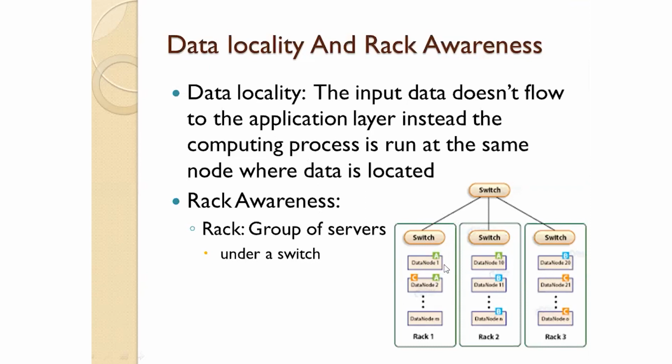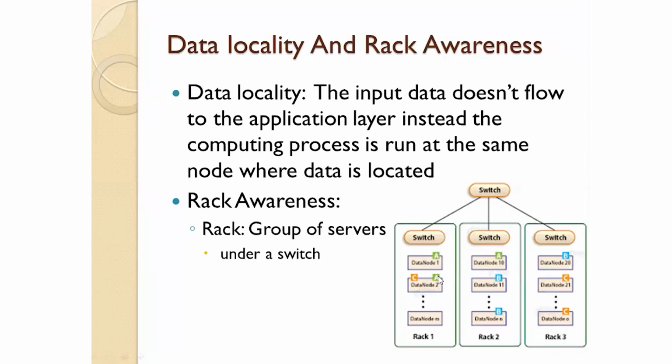It is neither advisable to keep each replica in each rack, because there is a shuffling of data, movement of data, which is very inefficient in big data. So that is why it suggests keeping two replicas in one rack and the other replica in another rack.